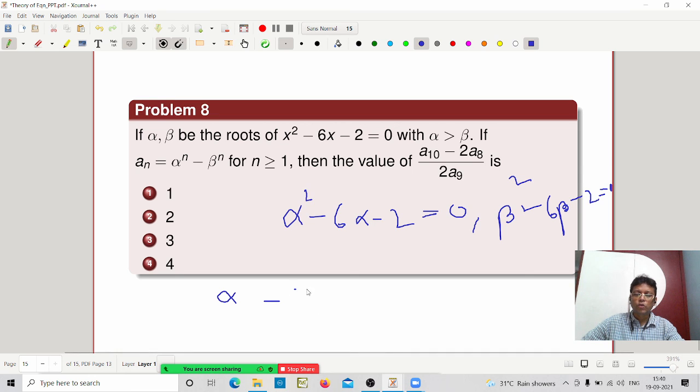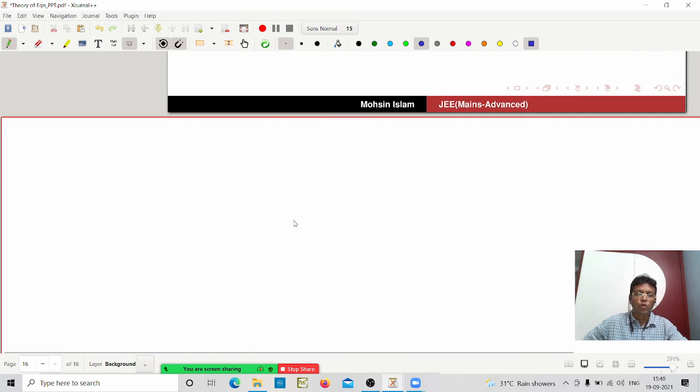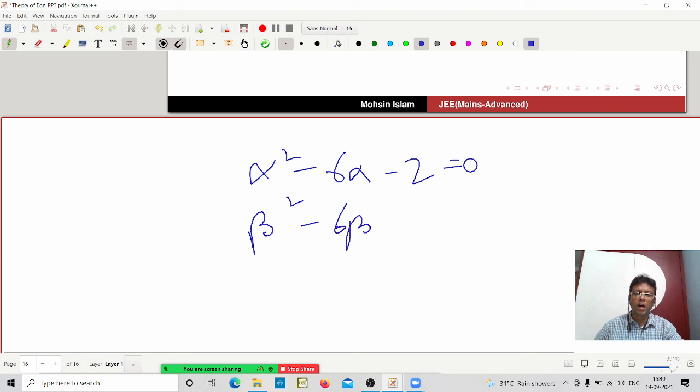Alpha to the power 10 minus 6 alpha to the power 9. Okay, let me write in a clear space. So what I'm doing, what is your equation? Alpha squared minus 6 alpha minus 2 equal to 0, and beta squared minus 6 beta minus 2 equal to 0.